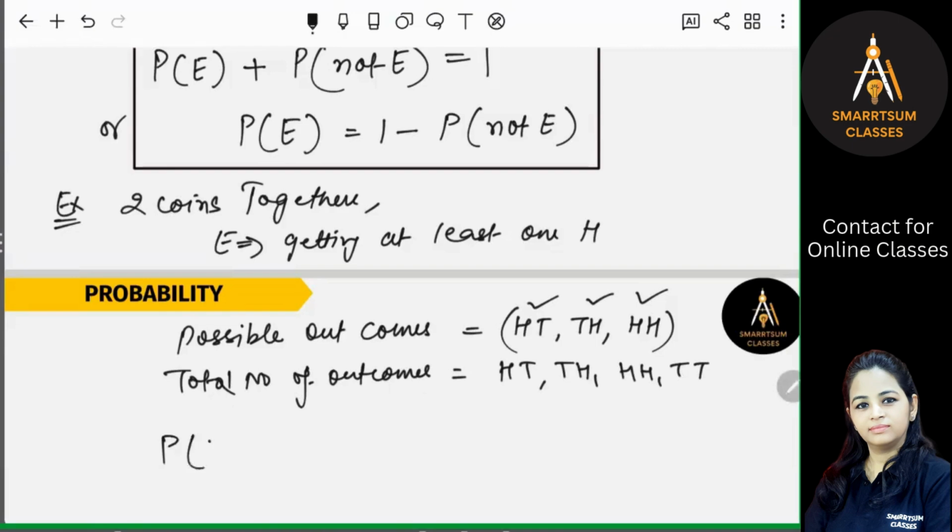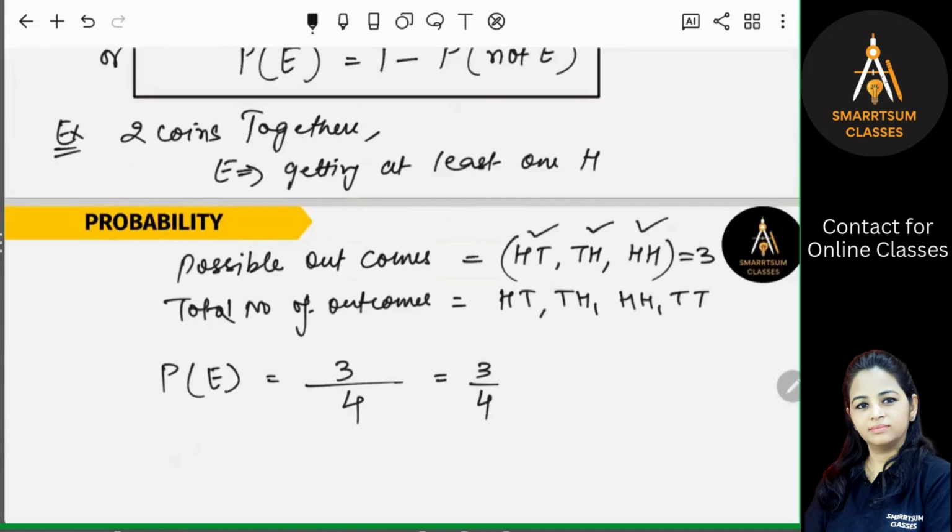Okay. So the probability of event E, that means at least one head, will be 3, the number of possible outcomes favorable to E, divided by the total number of possible outcomes, that is 4. This is 3 by 4, right? Now, if we want to find the probability of the complementary event, meaning when E does not occur, the probability of not E will be 1 minus the probability of E.